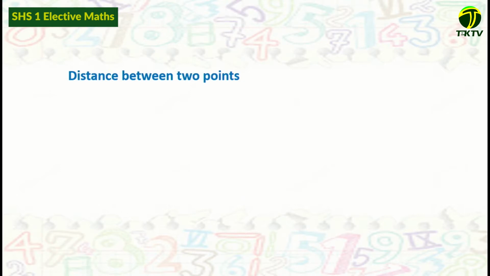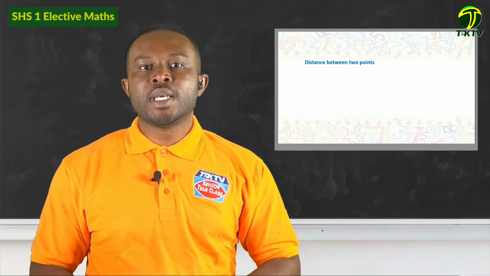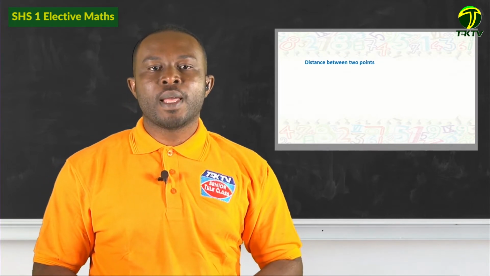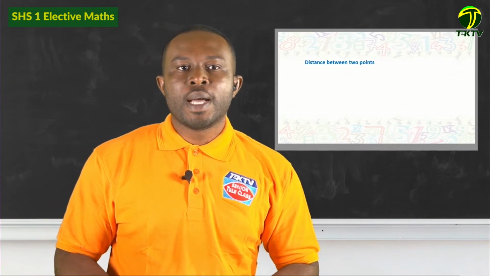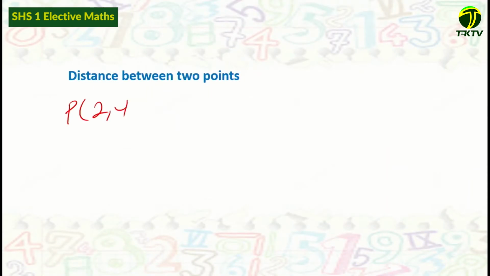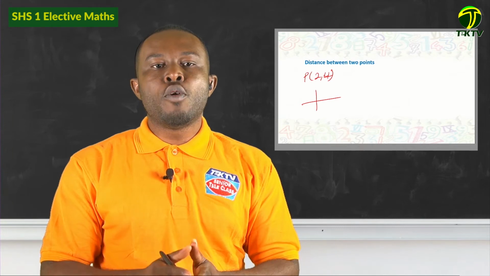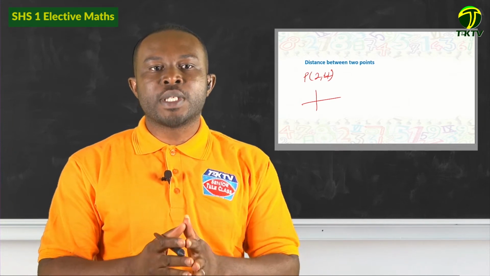In our previous discussion, we learned how to plot points in a 2D plane or 3D plane. If you have an example like a point P (2, 4), and you are plotting this point on the OXY plane, it simply implies that the first coordinate, which is 2, that's the x coordinate, implies move 2 steps to the right because it's positive.